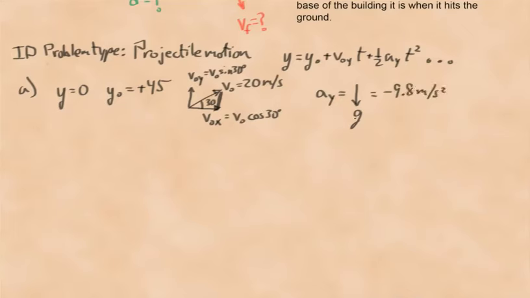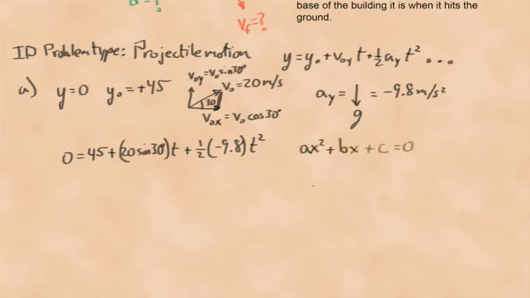meters per second squared. So if I plug these values in, my final y position, initial y, then that's a quadratic equation in time. Remember the form of quadratic equations and the quadratic formula.